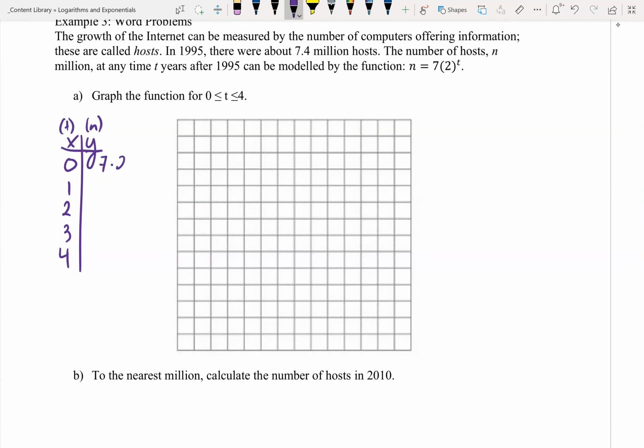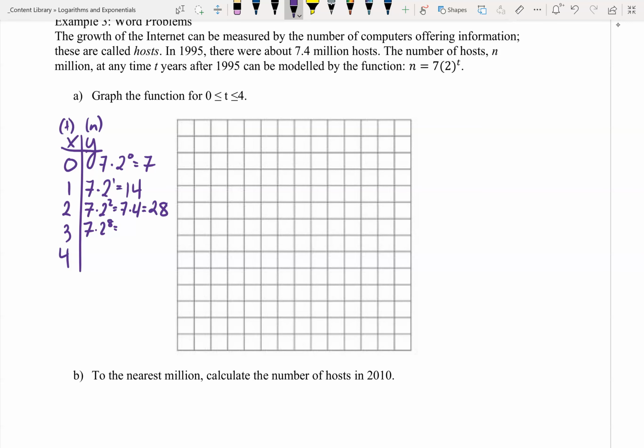So 7 times 2 to the power of 0 is 7 times 1, which is 7. For x equals 1 or t equals 1, this is 7 times 2, which is 14. Then 7 times 2 to the power of 2, which is 7 times 4, and that's 28.